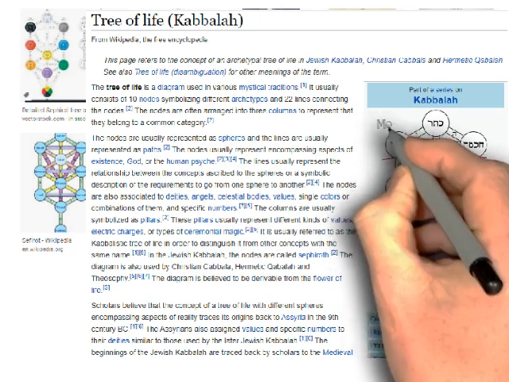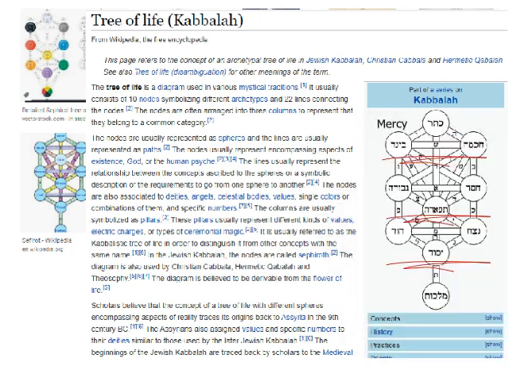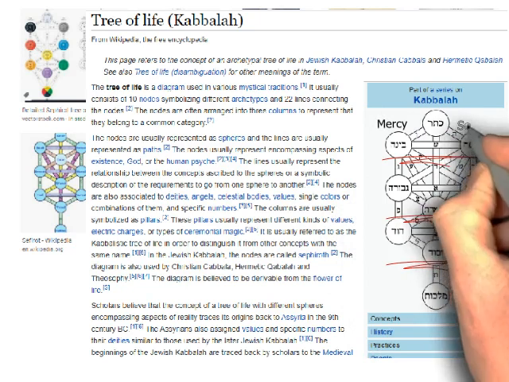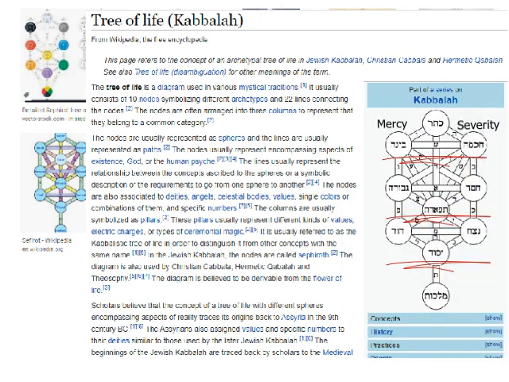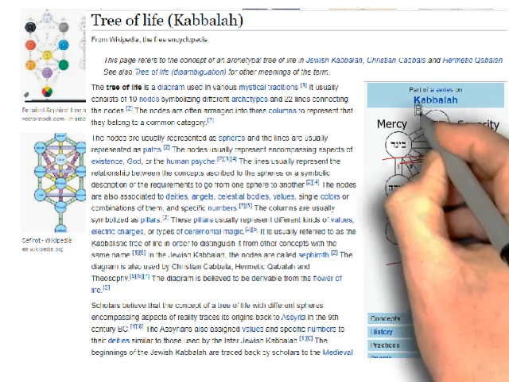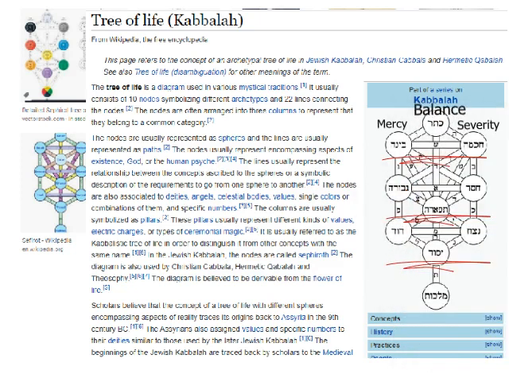And the bottom Sephirot is called kingdom. And finally, the last brief piece of information we're going to put in here is that the 3 pillars of the Tree of Life are known as the left hand pillar of mercy, the right hand pillar of severity, and the middle path of balance.